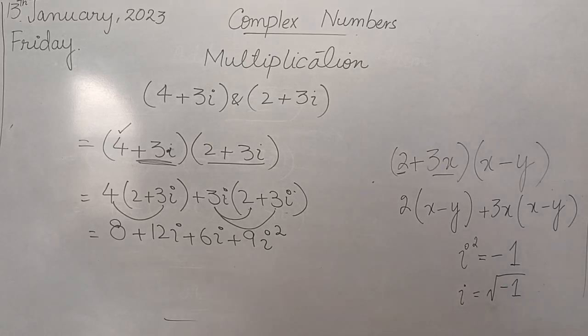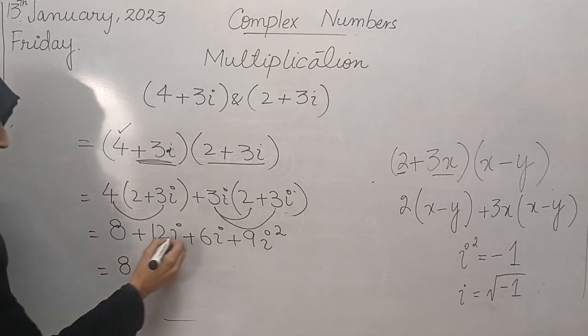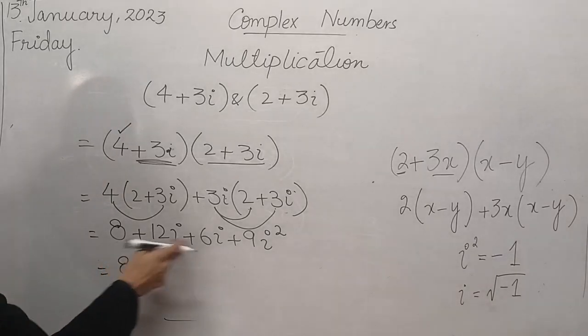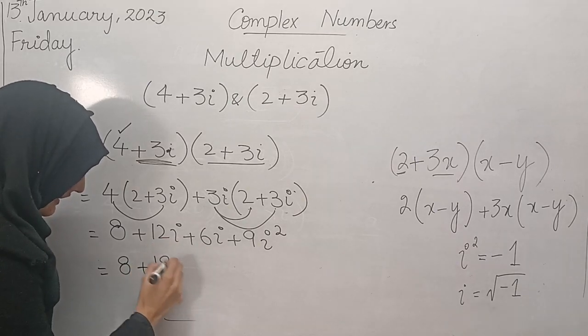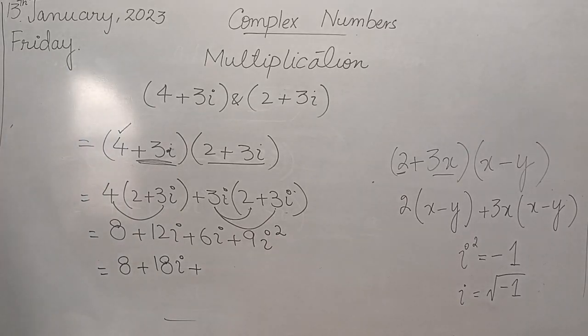So in multiplication, we will simplify. This is 8. Imaginary numbers can be added with imaginary numbers. So 12 plus 6, both are imaginary, so we add them: 12 plus 6 is 18 iota. This is iota square. What will we do?